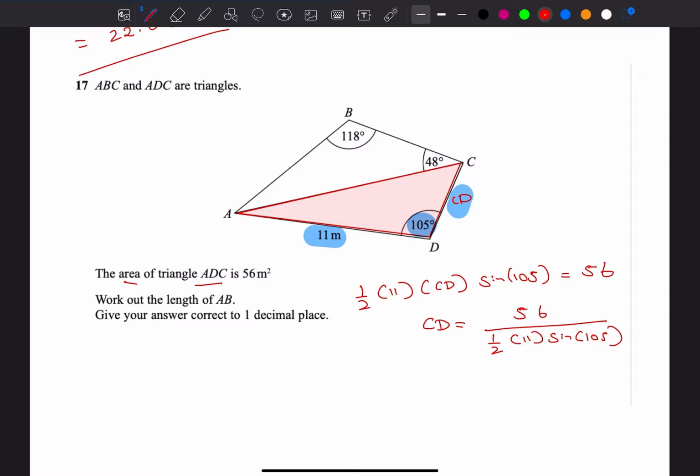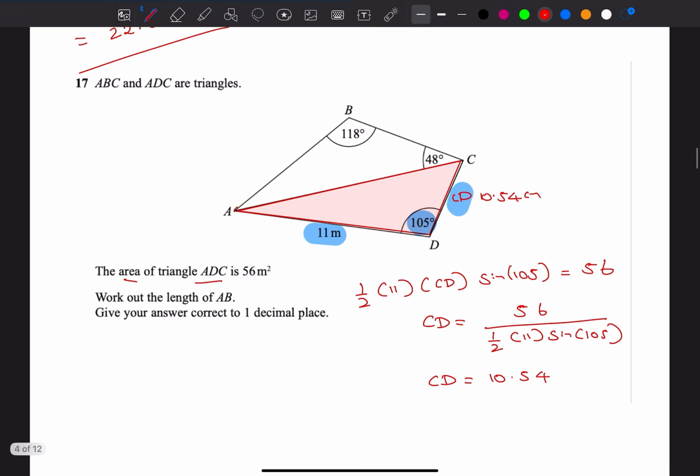I'm going to do the answer to two decimal places to be a bit more accurate. 10.54. CD is 10.54 centimeters. Now you want the length AB, so this is the length you want. What you could do, we could work out this length AC because it's a common length between these two triangles.